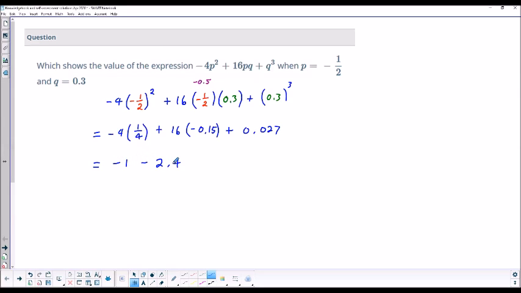So -1 minus 2.4 plus 0.027. And then when we work that out, we get -3.4 plus 0.027, which gives us -3.373. Okay, so that would be the answer to that question.